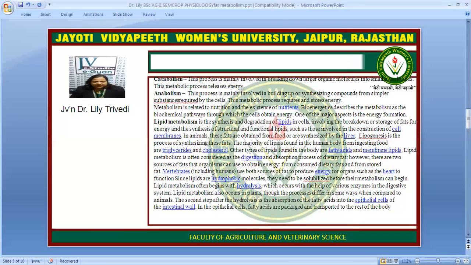Because lipids are hydrophobic molecules, they have to be solubilized before the metabolism can begin. Now the lipid metabolism begins with hydrolysis, which occurs with various enzymes in the digestive system. In plants also lipid metabolism occurs, but the process is different when compared to animals.